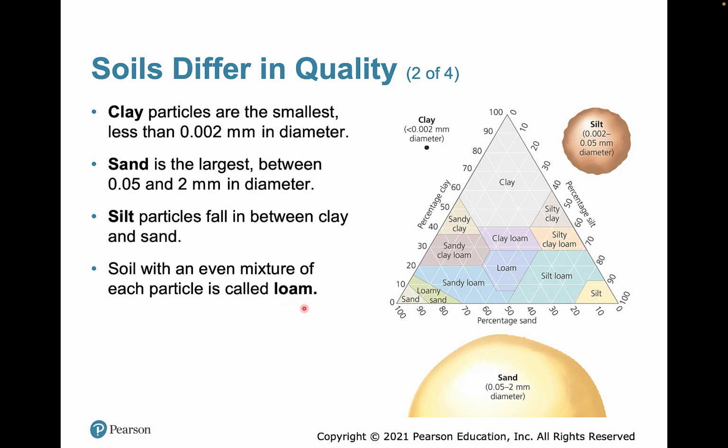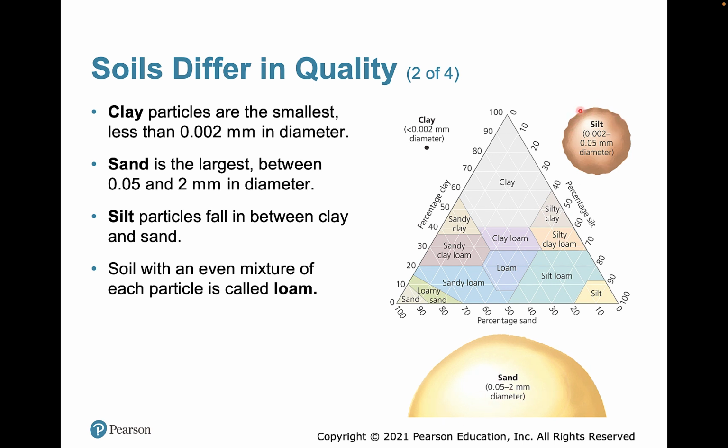And when we look at soil, we look at three main sizes of particles. The largest particles that we see in soil are sand. Sand is 0.05 to 2 millimeters in size. So the biggest you see is about 2 millimeters in size.